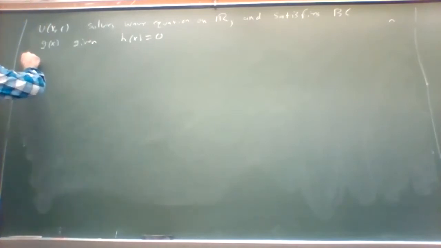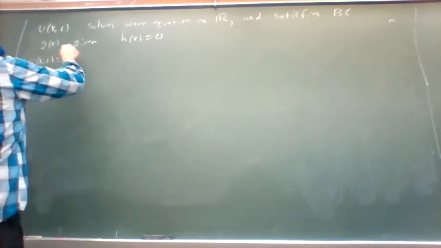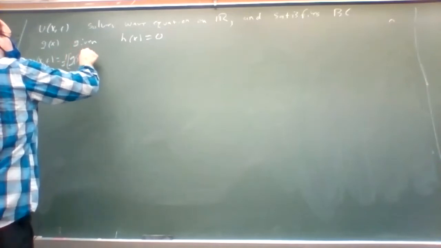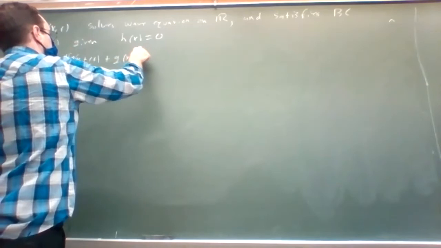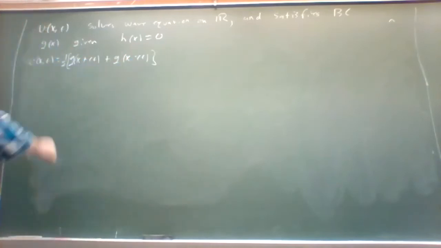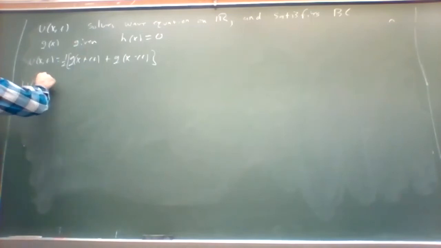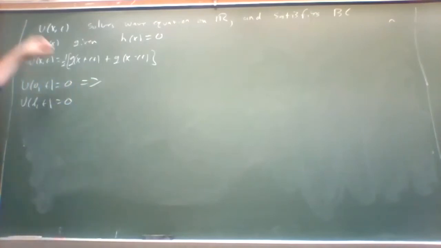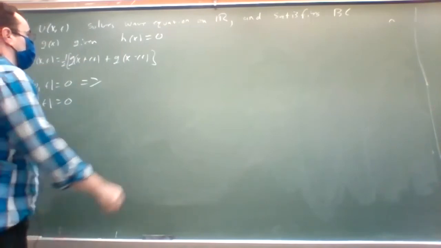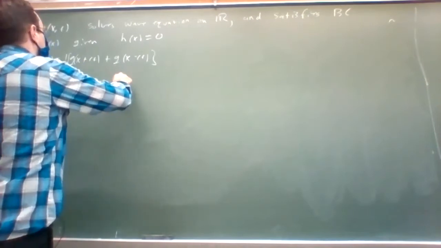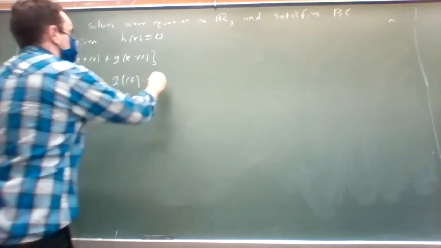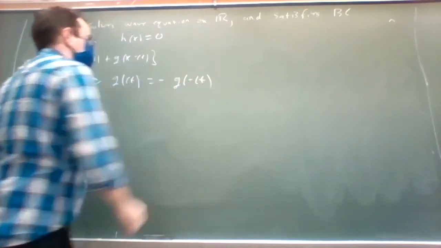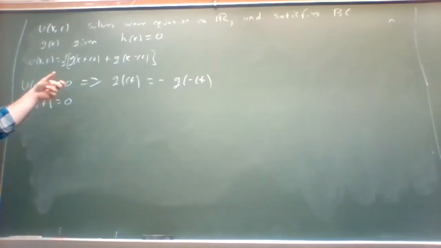So you know the solution, and you know that u(0,t) equals 0 and u(L,t) equals 0 for all time. And so what this tells us, you can just go through plugging in x equals 0. I'm getting that g(ct) has to be equal to negative g(-ct) for all time.